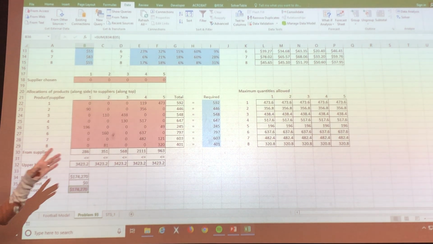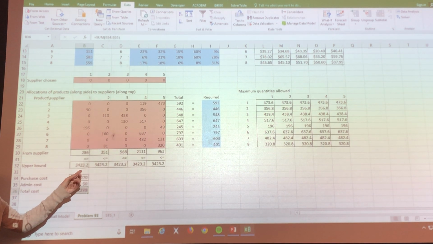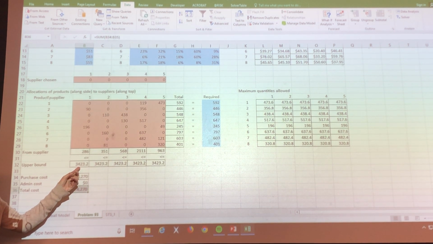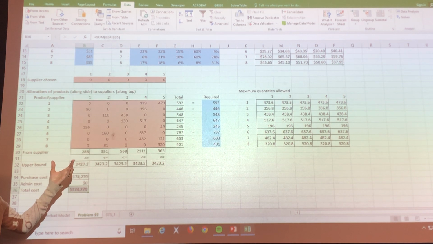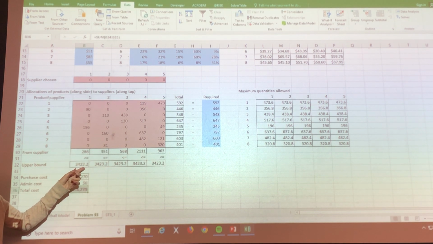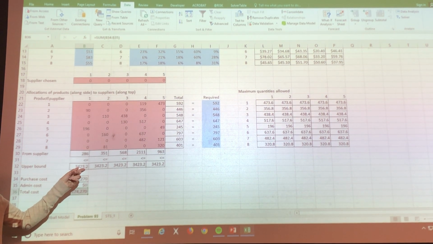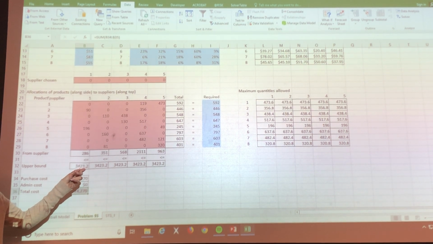For instance, if we didn't choose this supplier, this upper bound ought to be a 0, right? They shouldn't be able to use it if they don't choose it. Now what could we do to that? That's the formula right there. You could make it an if.